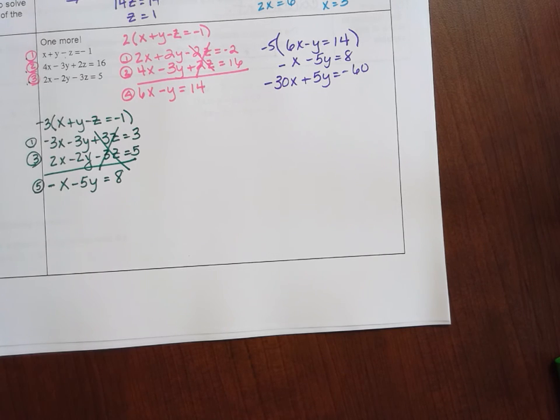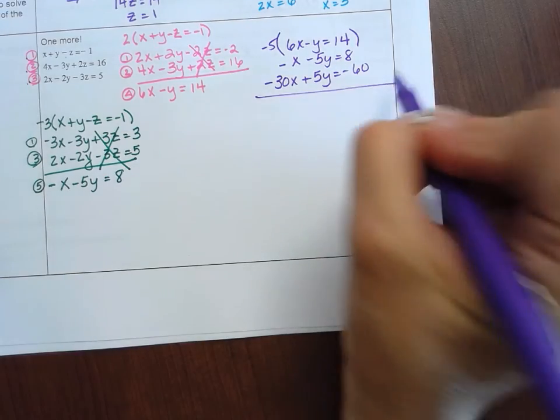I like to make my negative positive when I'm multiplying, because then I can just add and not even have to think about it again. But as long as you do it at one or the other place, it's okay. All right? With me?